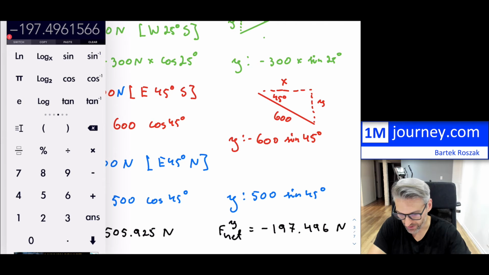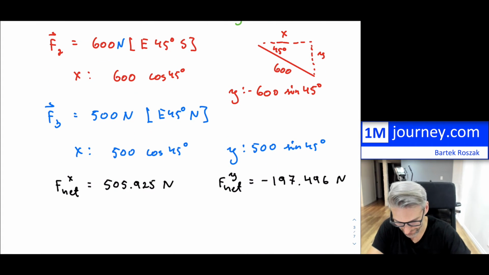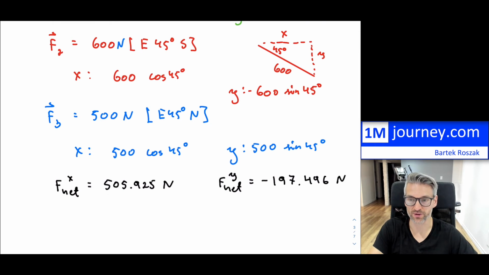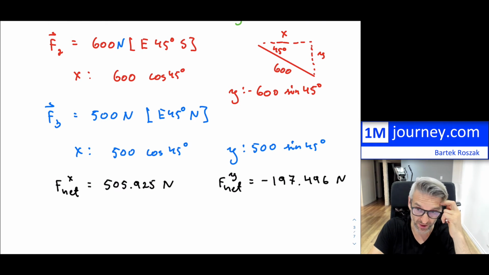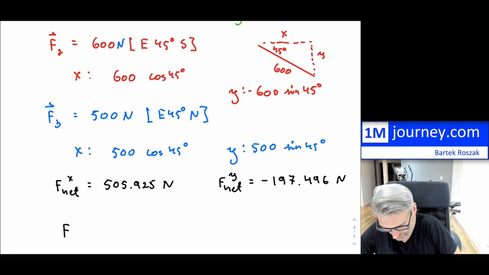Okay, so there you have it. Let me just get rid of this. So that's your X component of F net, and that's your Y component. Now we can bring these together to find the magnitude.